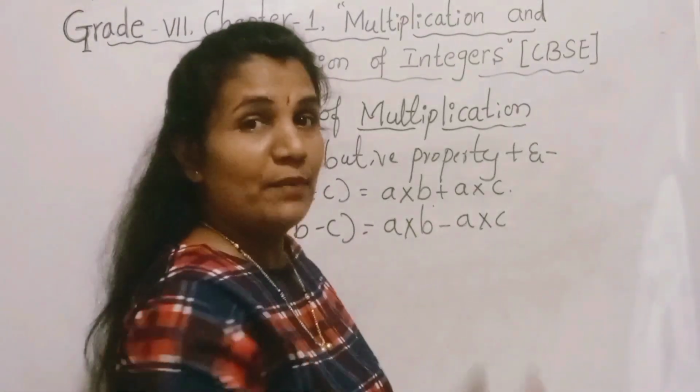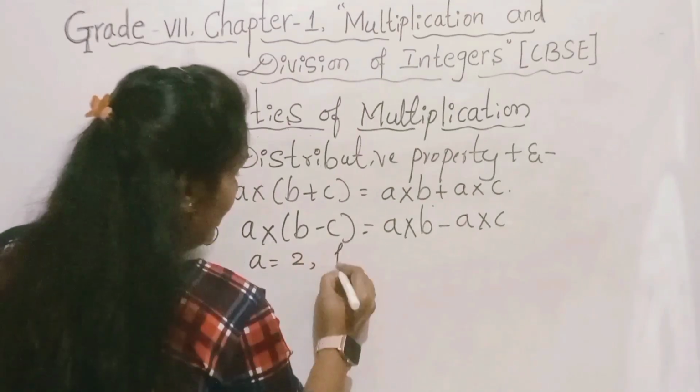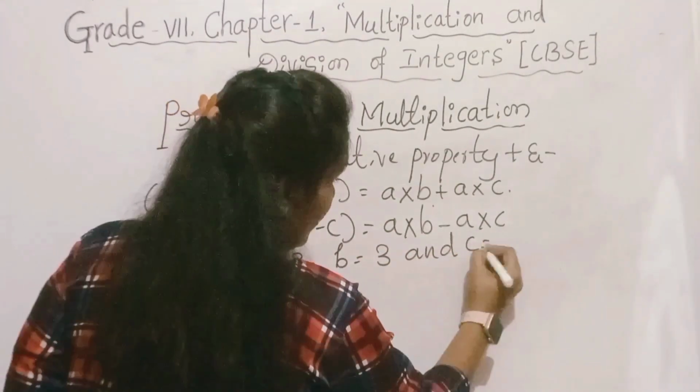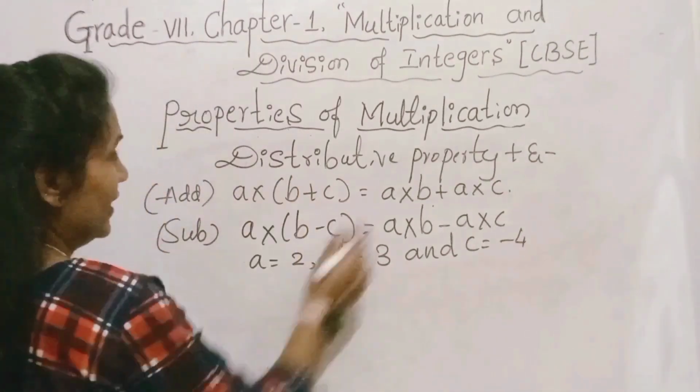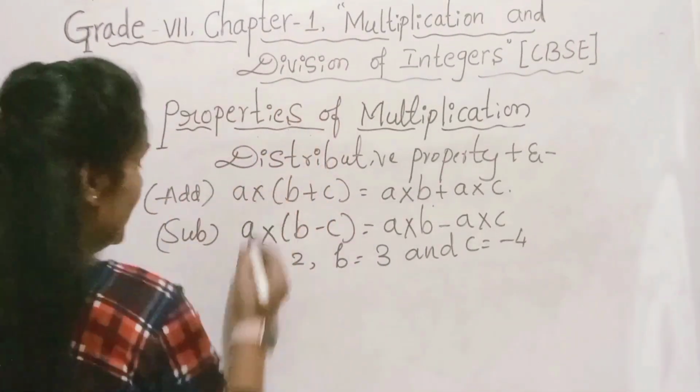Let me take examples for A, B and C. A is equal to 2, B is equal to 3 and C is equal to minus 4. Let me check this distributive property over addition.